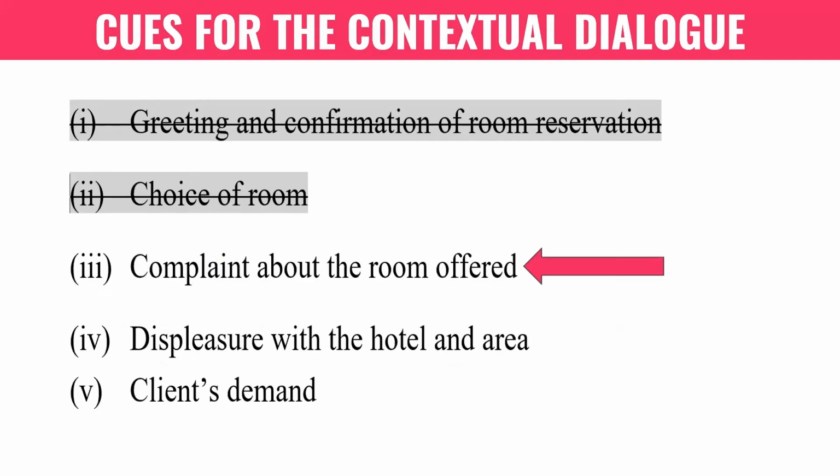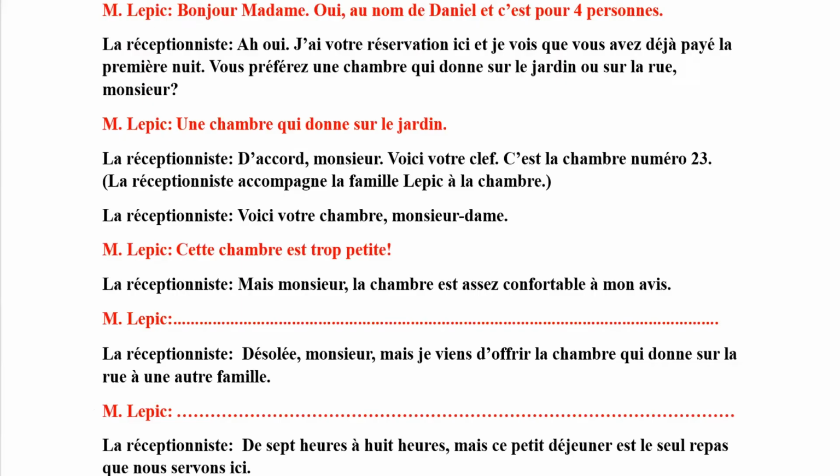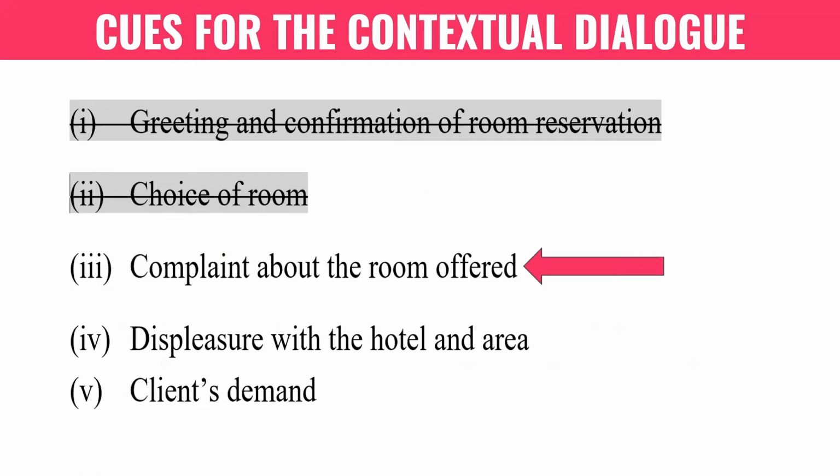So basically, given the information that we're going to need to add here, we're still at complaint about the room offered, because as you can see, Monsieur Le Pic wants the other room. So it's still a complaint about the room offered. That is the cue that we're responding to.